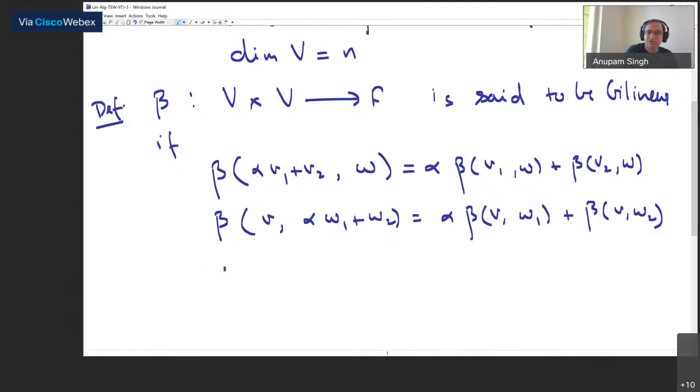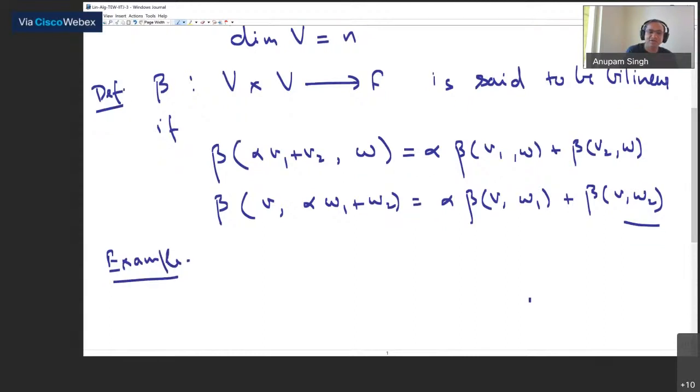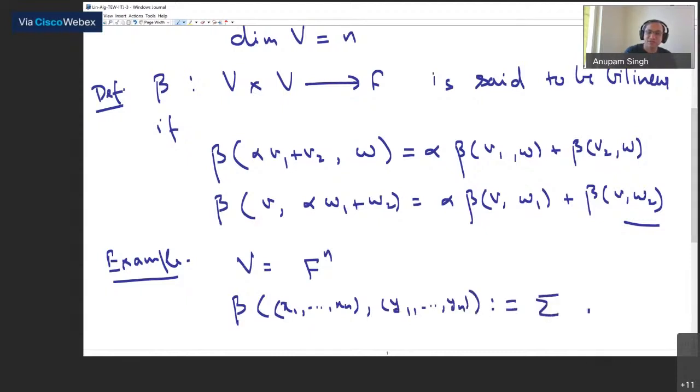And it's quite important to understand such maps. Let's write down some examples. A very basic example: let's say my vector space is F^n, and I define beta of two vectors, x1, x2, ..., xn and y1, y2, ..., yn, to be the summation of xi yi, i equal to 1 to n.